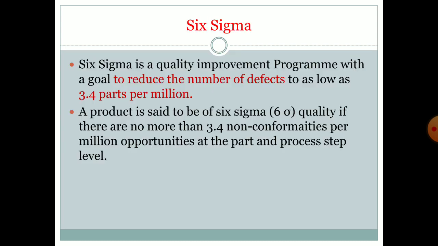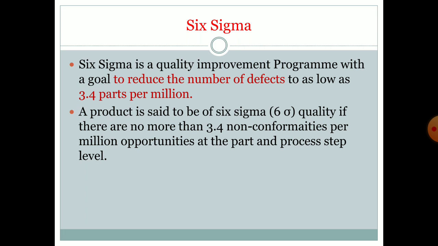Six Sigma is a quality improvement program where we reduce the number of defects to a level of 3.4 parts per million. Means if we produce 1 million parts, what is meant by 1 million? It is 10 lakh. On a particular machine, if we produce 10 lakh products, out of that only 3.4 parts are allowed to fail.